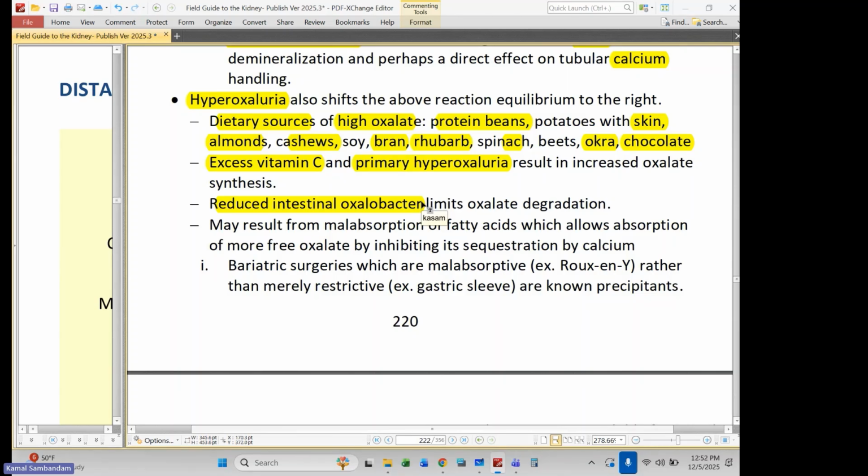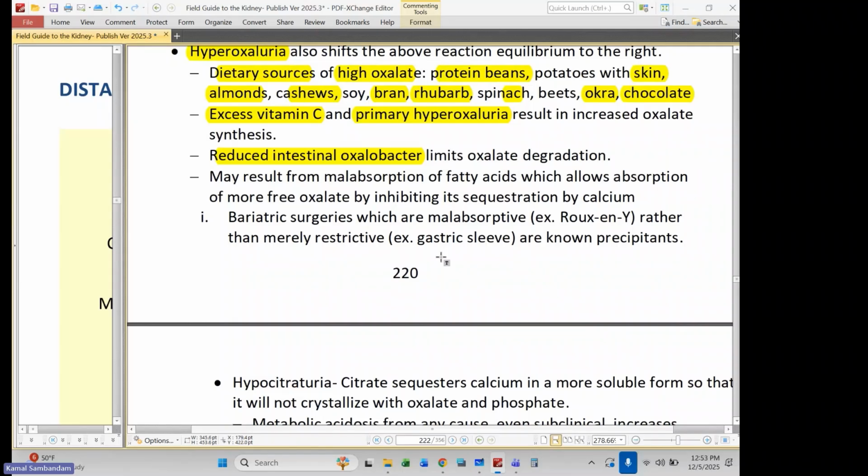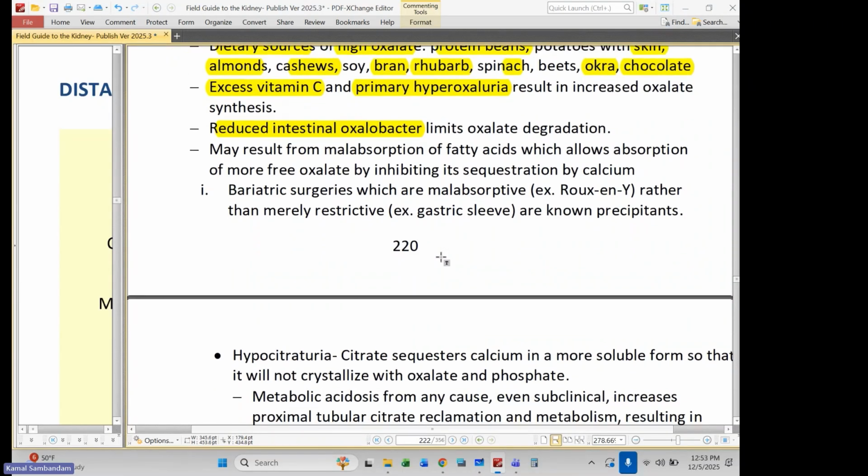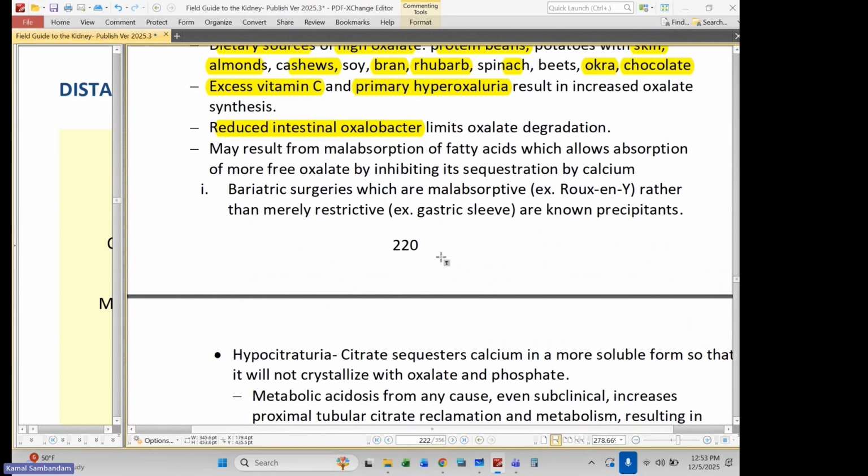So doing a 24-hour urine after somebody has had a course of antibiotics could affect their urine oxalate in a way that is not reflective of their normal state. So keep that in mind. People have tried to modify intestinal oxalobacter content through probiotic use to try and reduce kidney stone formation in calcium oxalate stone formers, but that has been disappointing. Okay.